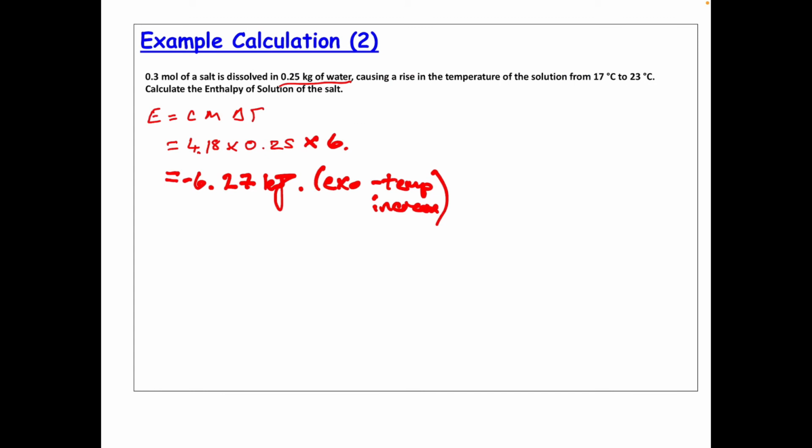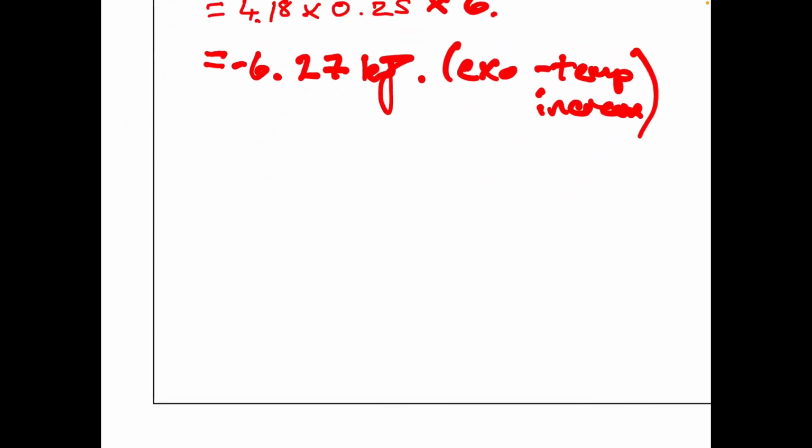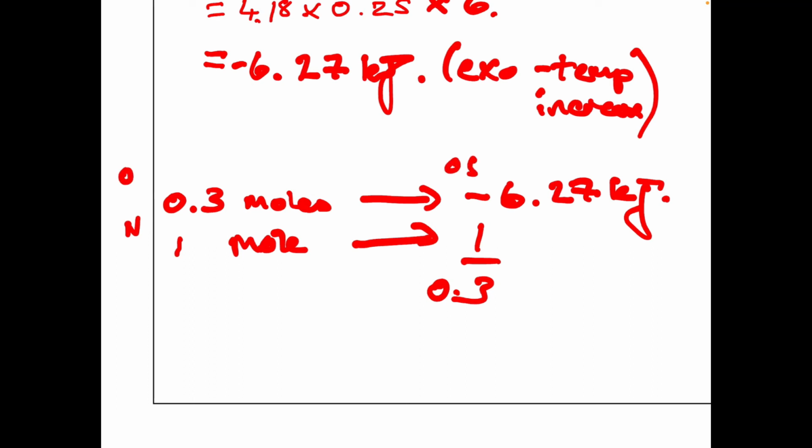What we're going to do now is work out the enthalpy change for this. So we've done the energy change, let's work out the enthalpy. We know that 0.3 moles gives us negative 6.27 kilojoules. Let's find out 1 mole. So that's going to be 1 divided by 0.3, new over old times other side.